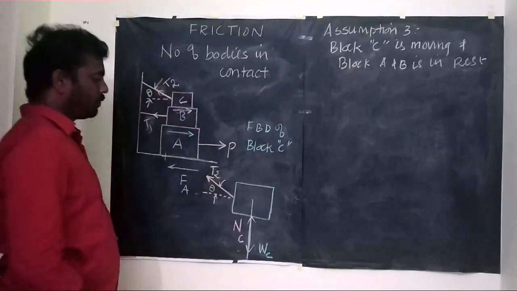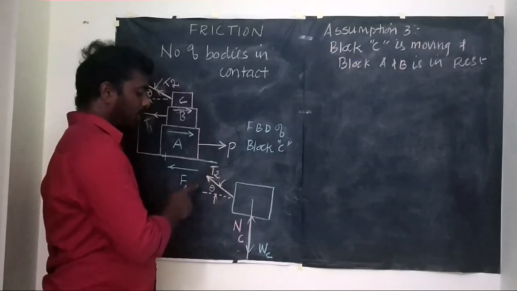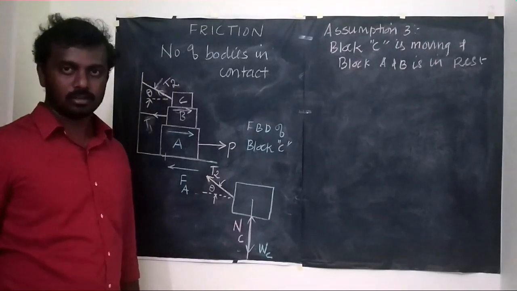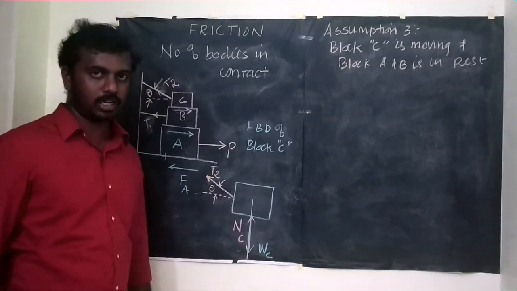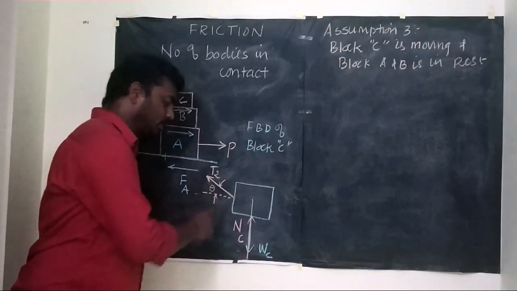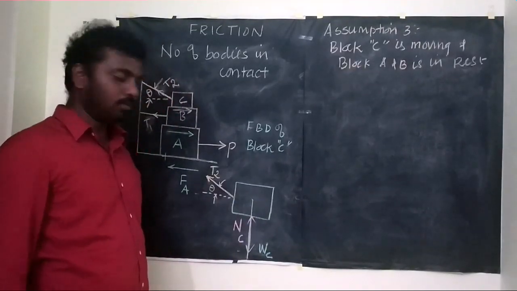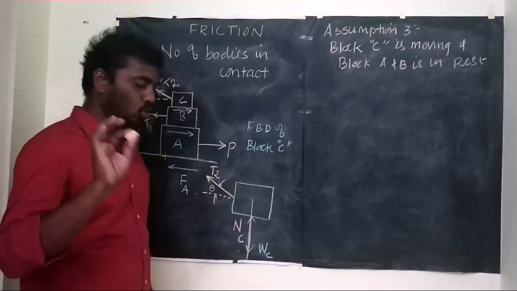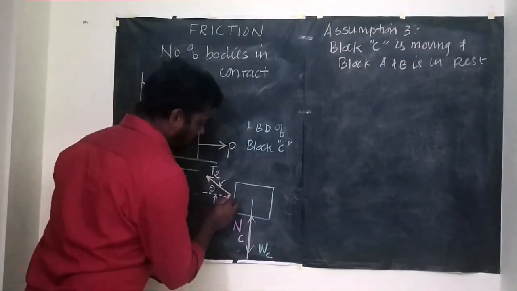Generally we know that when a force is acting in an inclined manner, that force is resolved into two components. I will repeat again. When the force is acting inclined on the system, that force is resolved into two components. One is along the horizontal line, one is perpendicular to the horizontal line.